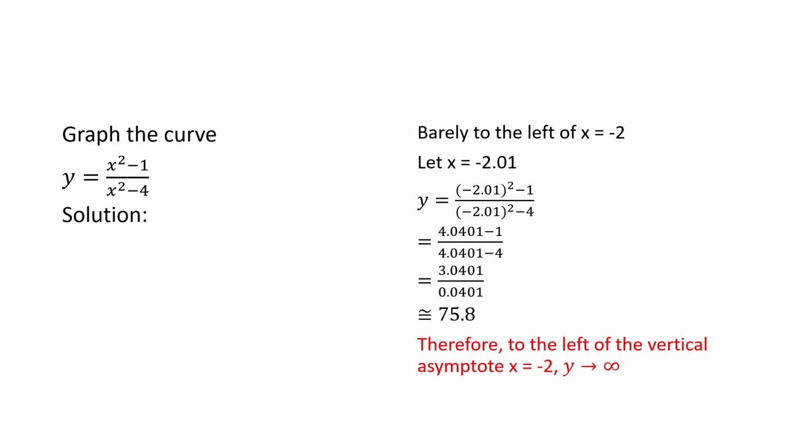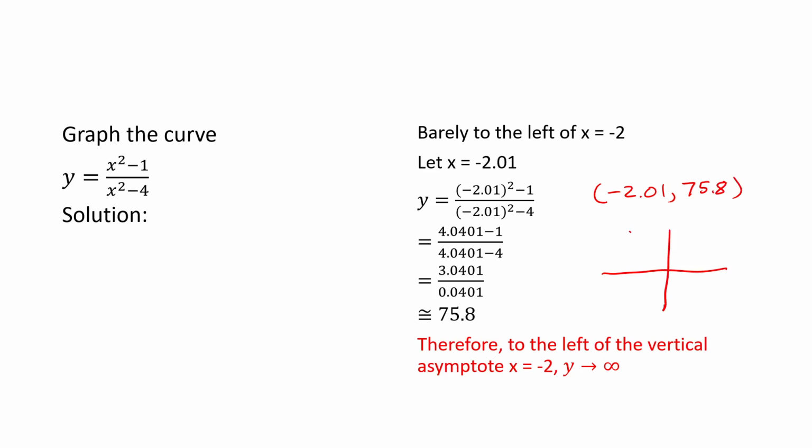So one of our vertical asymptotes is at x equals negative 2. Slightly to the left is negative 2.01. When we let x be negative 2.01, y is approximately 75.8. And that tells me the point (negative 2.01, approximately 75.8) is on the curve. Why is that useful?